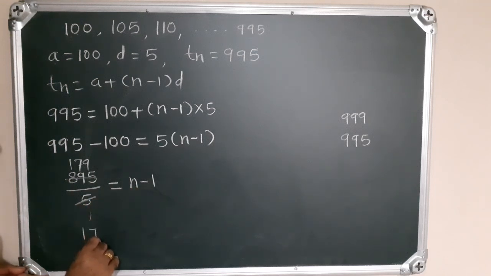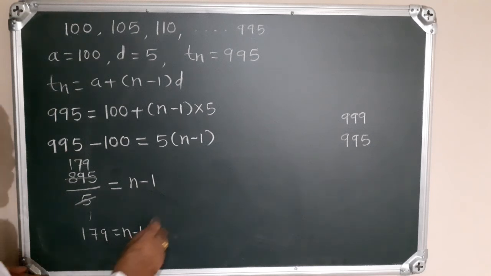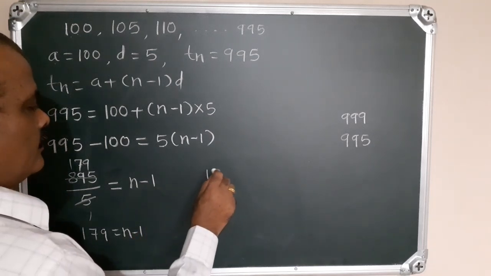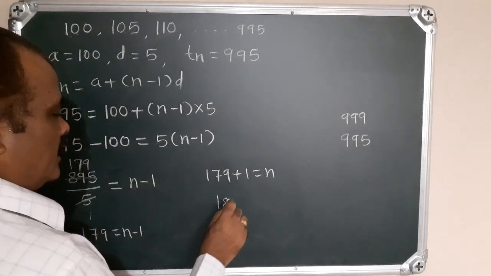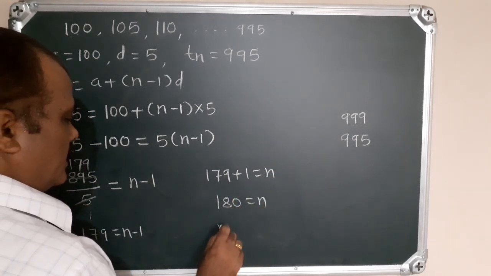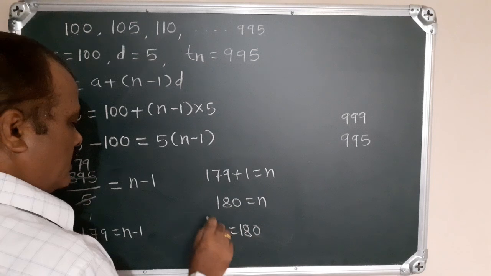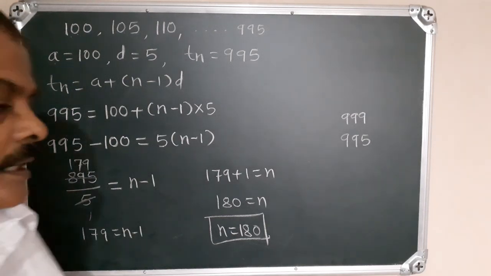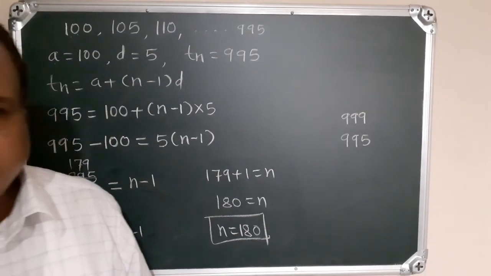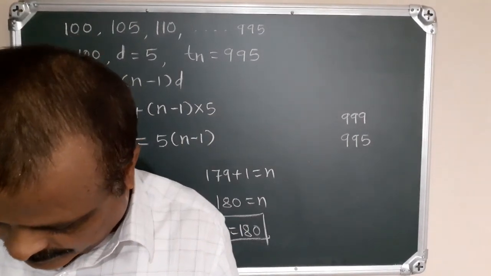So 179 is equal to n minus 1. So transfer this 1 to that side, we get 179 plus 1 is equal to n. So 180 is equal to n. So n is equal to 180. So there are 180 3-digit numbers which are divisible by 5. So this is the answer.